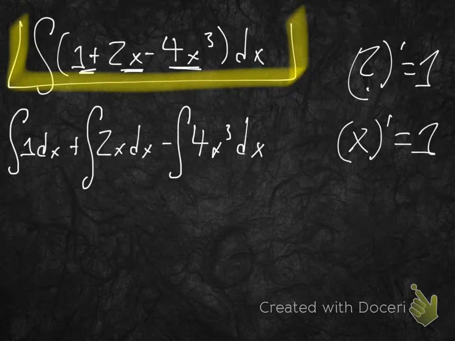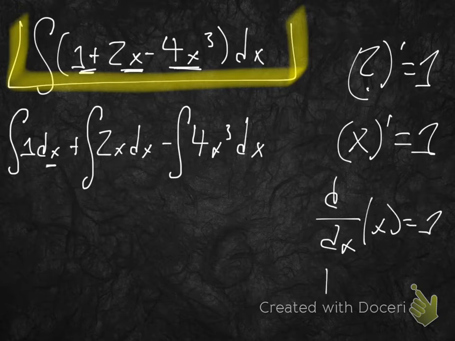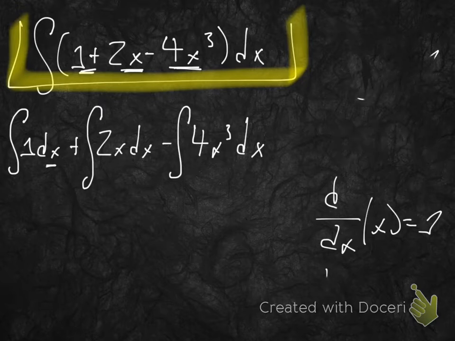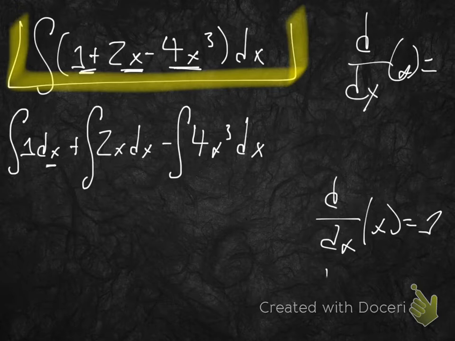Because this is dx, because we're evaluating with respect to x, this is totally 1, but dy of x is not 1, right? dy of x is not equal to 1 because we're evaluating with respect to y.